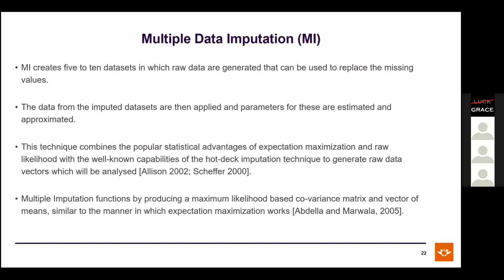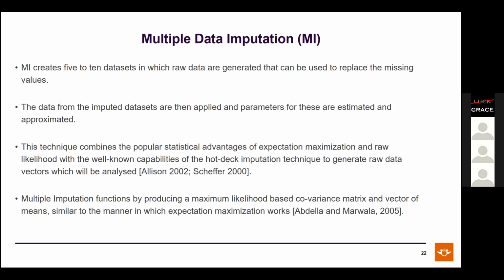So it's a technique which basically combines popular statistical advantages of expectation maximization and likelihood with the well-known capabilities of the hot deck imputation technique to generate these raw data vectors, which will then be used to impute or fill in the missing information. So this one already makes more sense.